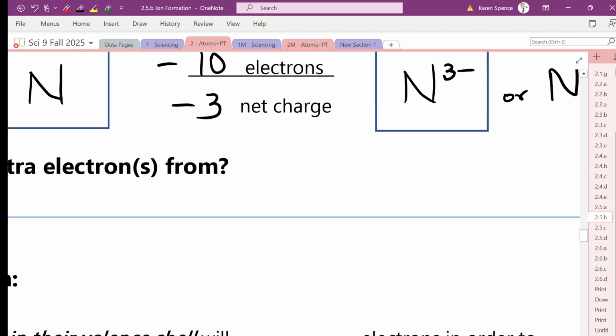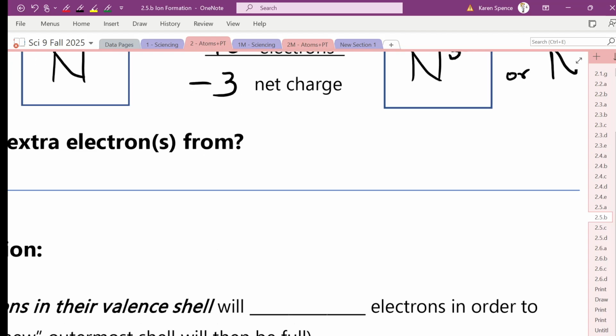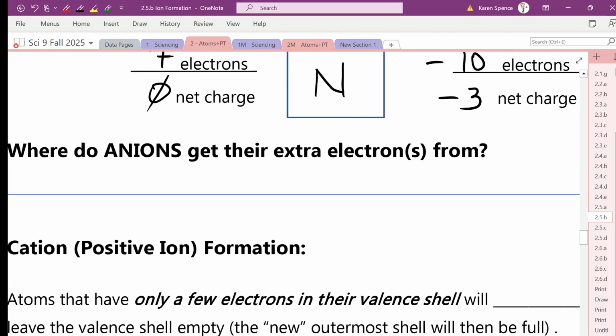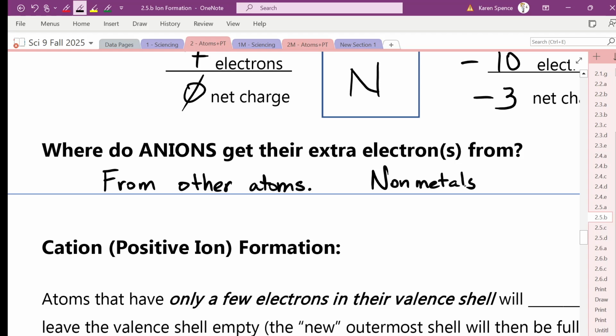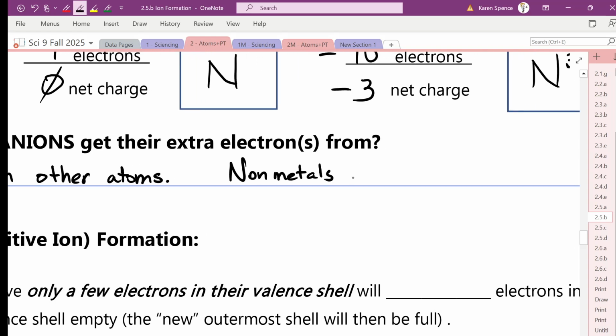So down here, and this will be the last thing we do for today, we're just going to fill this in here. Where do anions get their extra electrons from? They get them from other atoms. Nonmetals are electron takers.